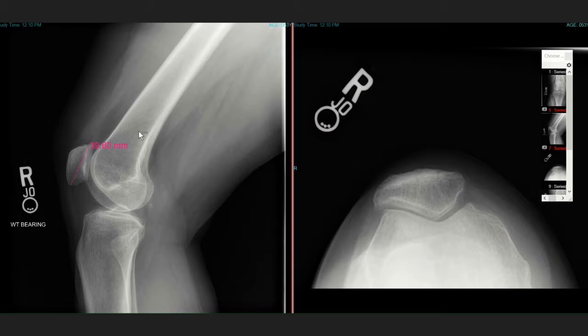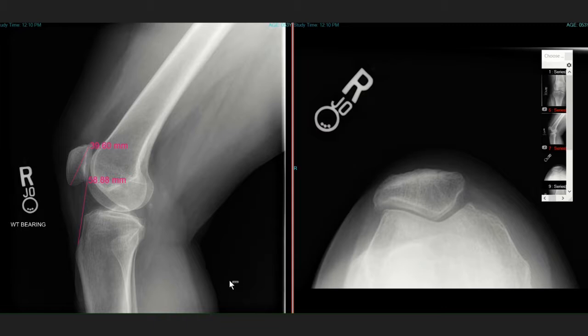So that's the patellar length, and then the patellar tendon length goes from the posterior articular surface of the patella here to its insertion on the tibial tubercle here, and we're coming in at approximately right about there, approximately 58.88.